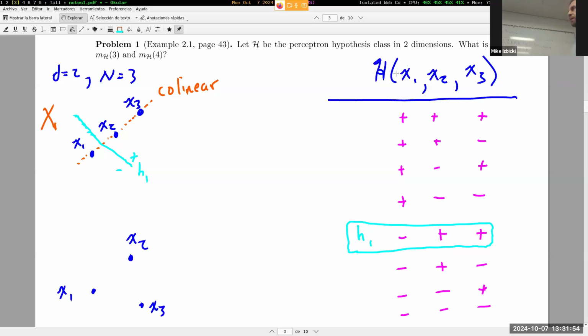We're trying to map out all of the dichotomies that exist for this data set, and this is one of the entries of this dichotomy. We're going to see in a second some more entries, but this is just one entry in the dichotomy. Again, the entries in that dichotomy are the same dimension as the number of data points, in this case 3, and each one of those dimensions is either -1 or +1.